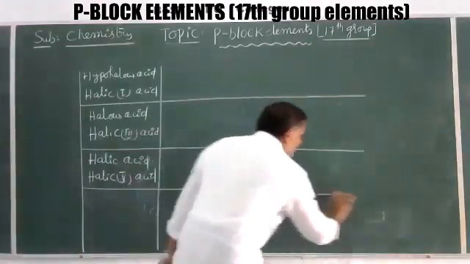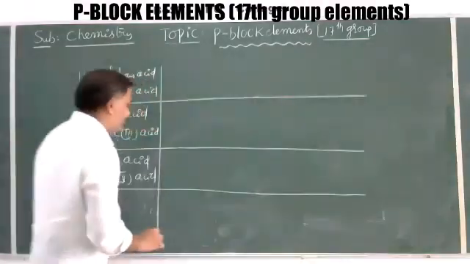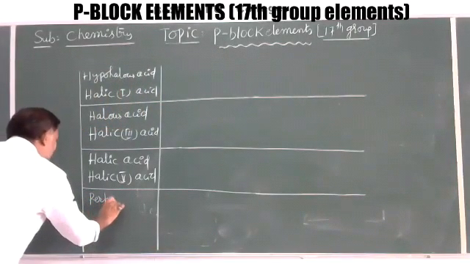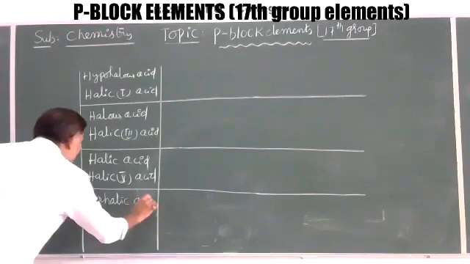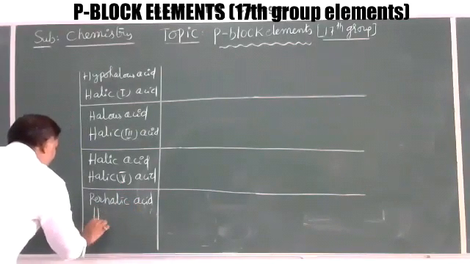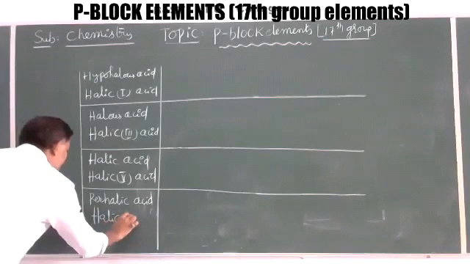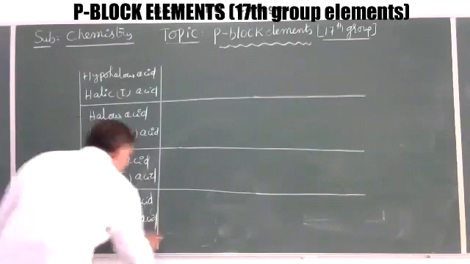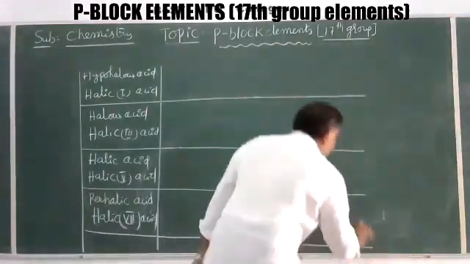Now here the fourth type is perhalic acid. This is also called halic 7 acid. This is one important table created.